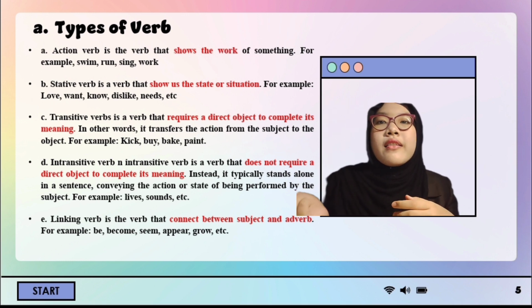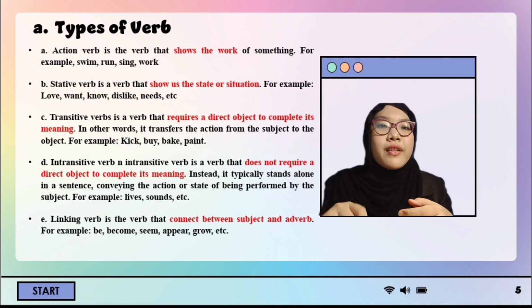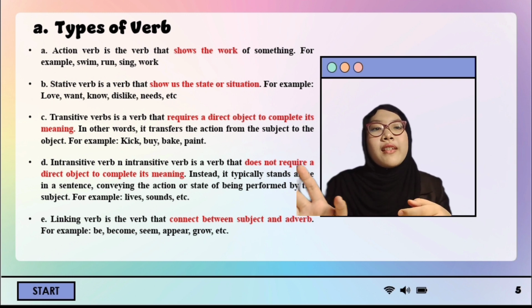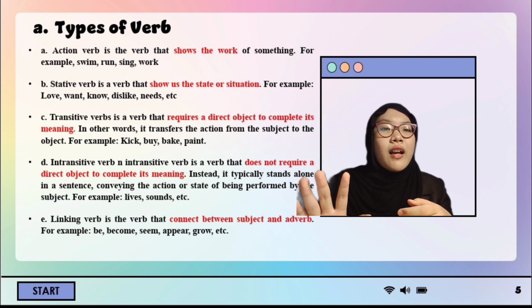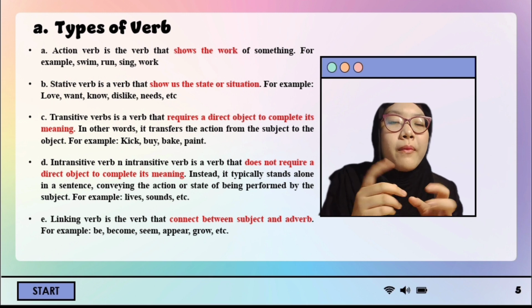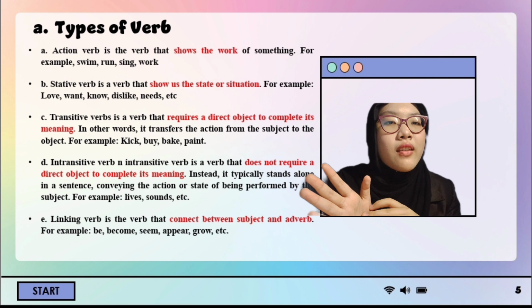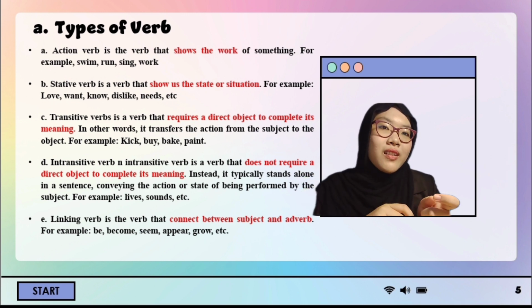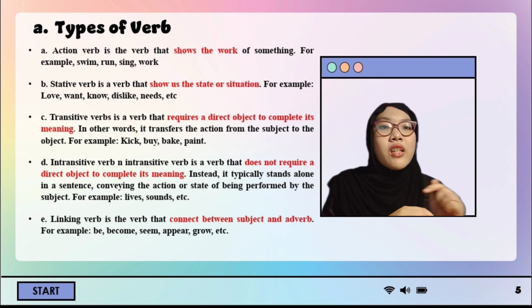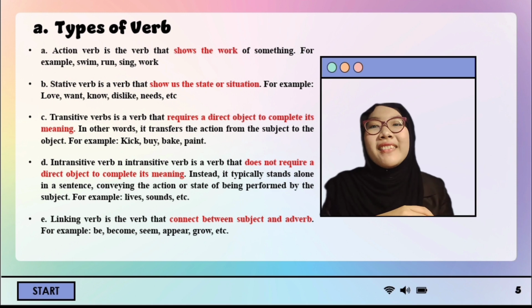For example, sounds, lives, leaves, etc. It sounds good, right? You don't need the object. Good in here is adverb, or sorry, adjective. So yeah, something like that.